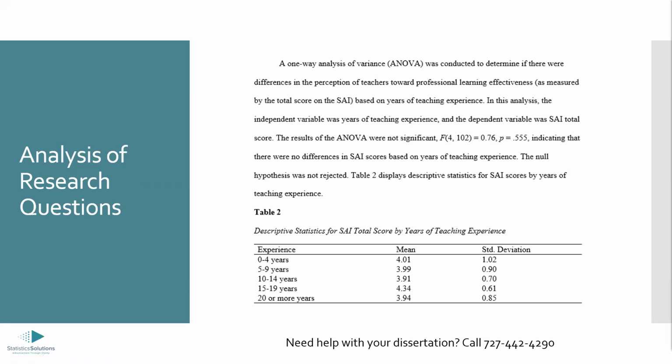The first is the numerator degrees of freedom, and the second number is the denominator or error degrees of freedom. And then we have our p-value, which here is greater than 0.05, so that is not significant. Because it's not significant, again, we have our statement here saying that the null hypothesis was not rejected. And again, you might have a table just showing the means of the groups that you're comparing in that ANOVA.